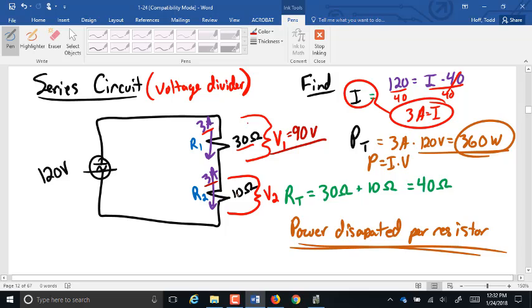How about 3 amps times 10 ohms? What's 3 times 10? 30 volts. So notice 90 and 30 add up to 120. So that's our total voltage.